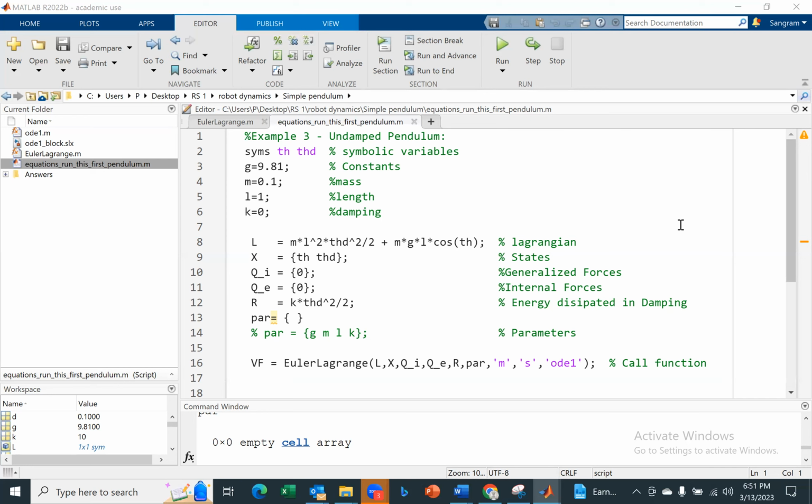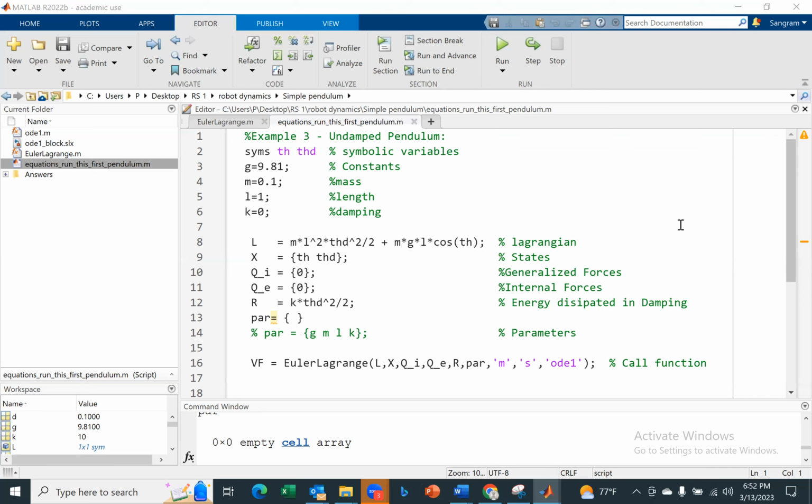And as you can see, this is L cosine theta. The potential energy is minus m g L cosine theta. Are you with me?